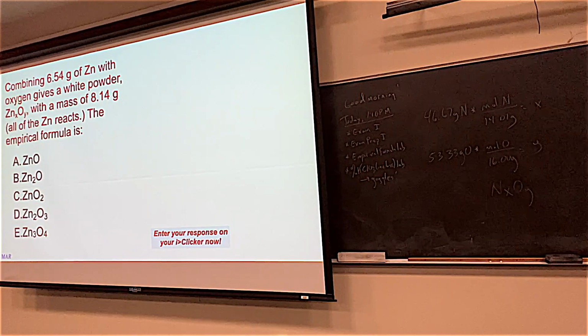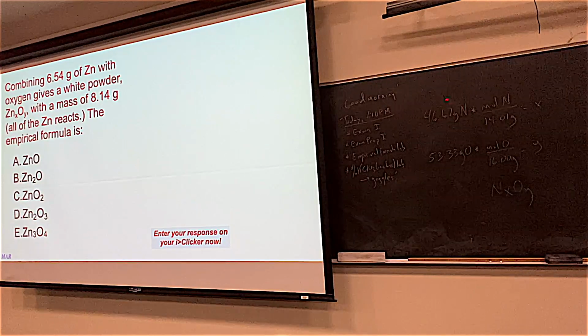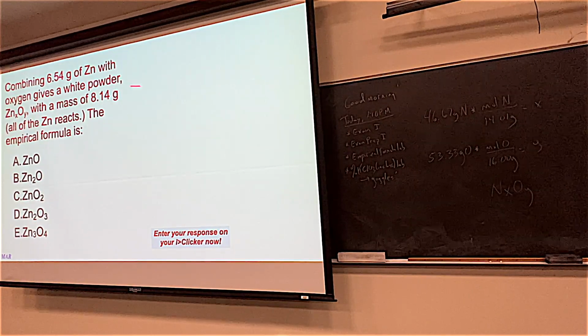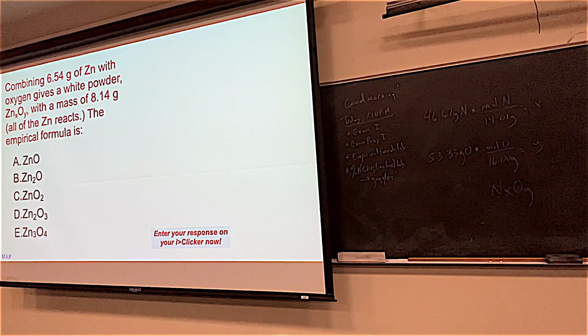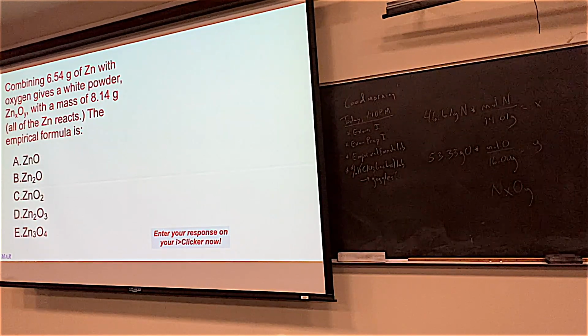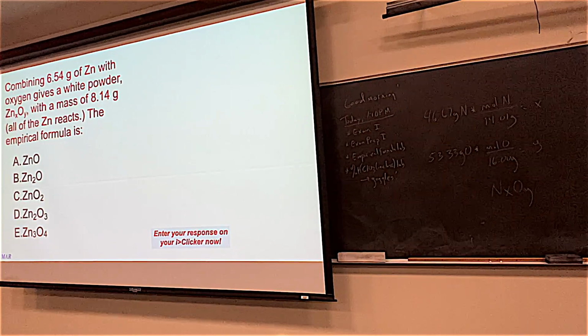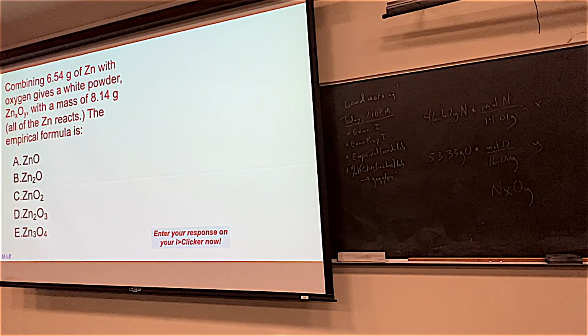This is a similar kind of problem. You want to convert the grams of zinc, this number right here, into moles of zinc, so you look up the molar mass of zinc. Then 8.14 minus 6.54 will be the grams of oxygen. You'll divide it by the molar mass of oxygen to get moles and compare. See if you can do that to find the right answer. Check it out.